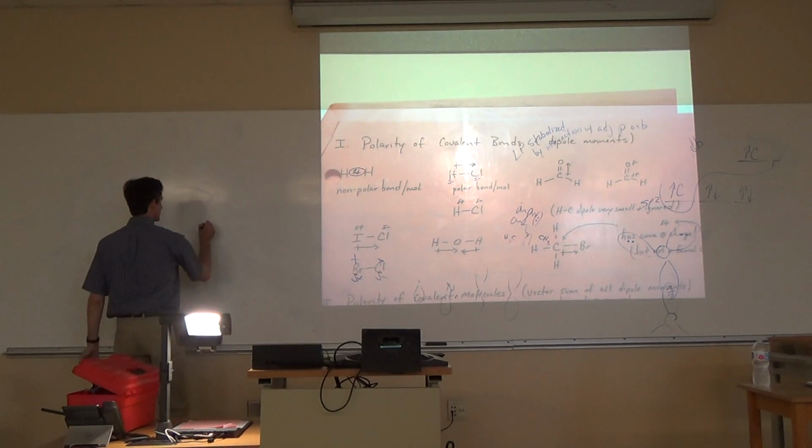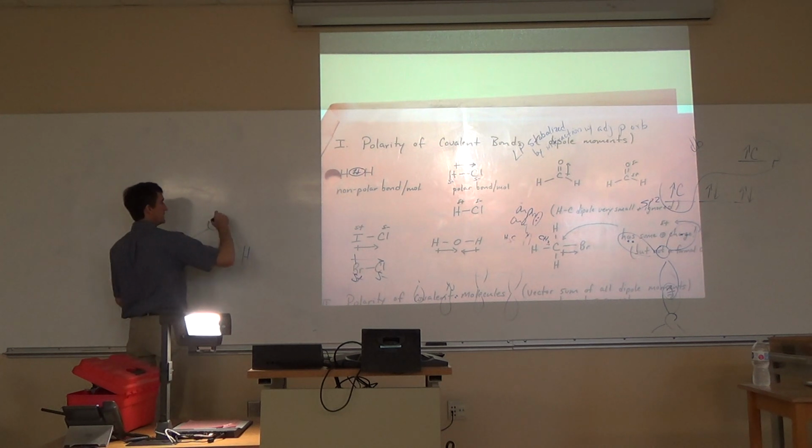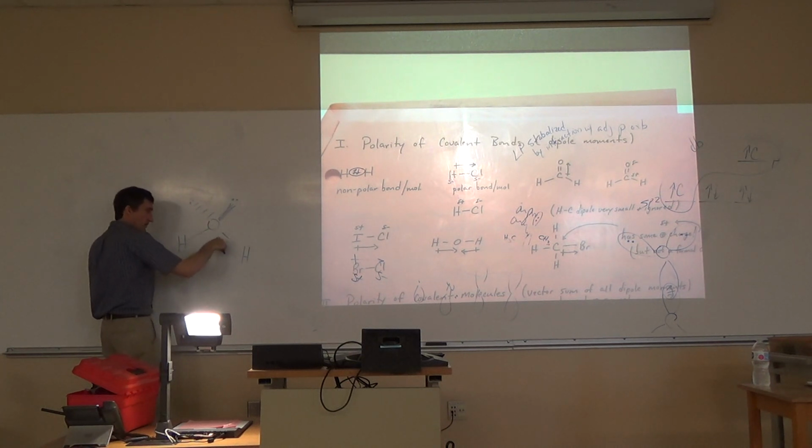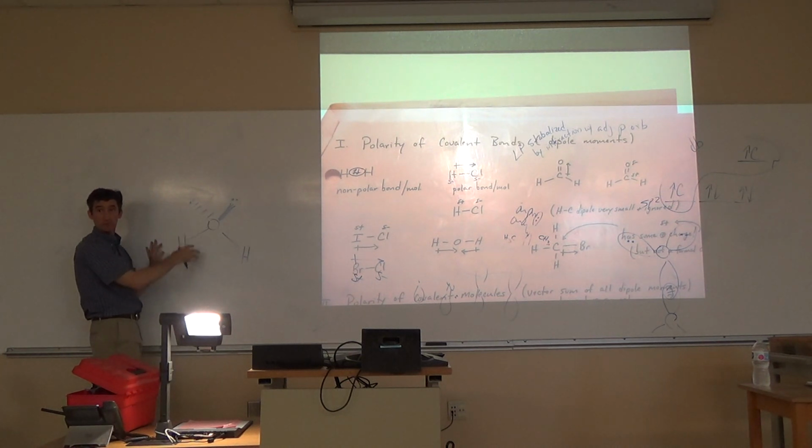The oxygen is really tetrahedral, right? Got lone pair. This is 109.5, tetrahedral arrangement. By the way, I don't do any electron geometry versus molecular geometry, or bent.